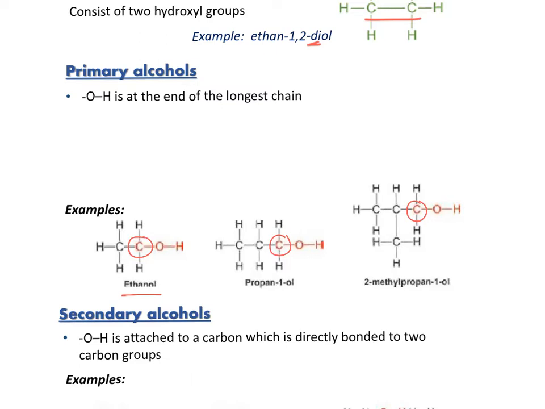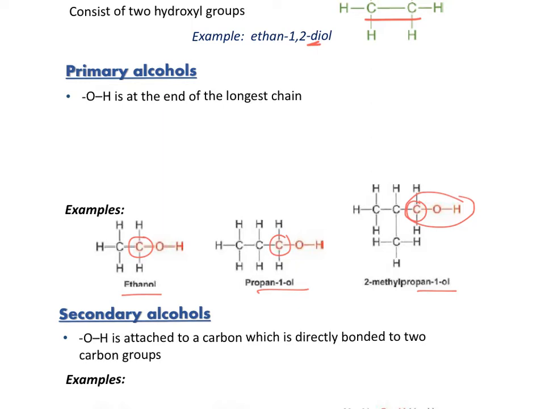We're not worrying about numbering it because it can only be on number 1. Here we have propan-1-ol and 2-methylpropan-1-ol. The OH must be on number 1. A good way to see if you have a primary alcohol is if you have a 1 in the name.